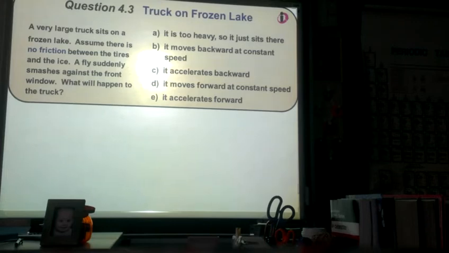A fly suddenly smashes against the front window. What will happen to the truck? A, it is too heavy, so it just sits there. B, it moves backward at constant speed. C, it accelerates backward. D, it moves forward at constant speed. Or E, it accelerates forward.